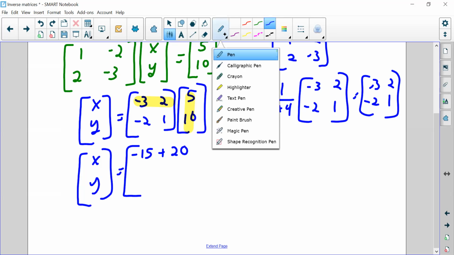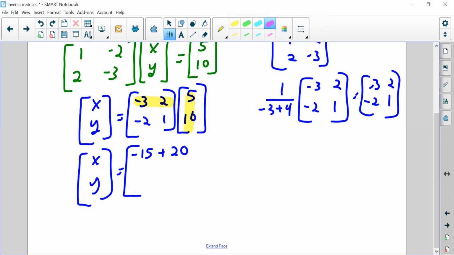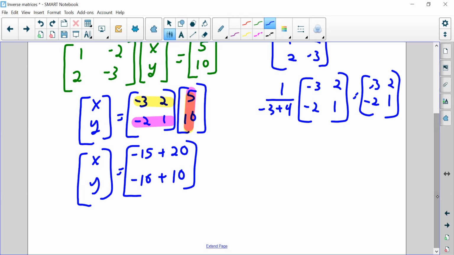And then I'm going to go over and down again. So -2 times 5 is -10, plus 1 times 10, which is 10. So my answer matrix is 5, 0.